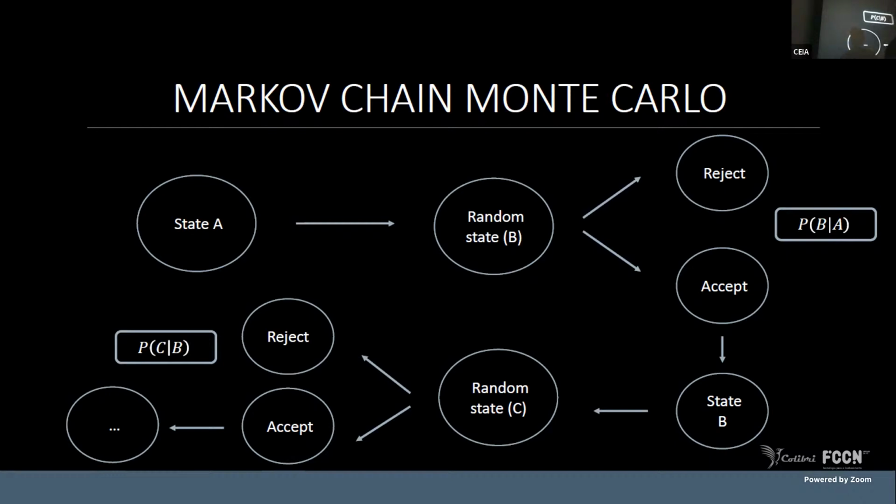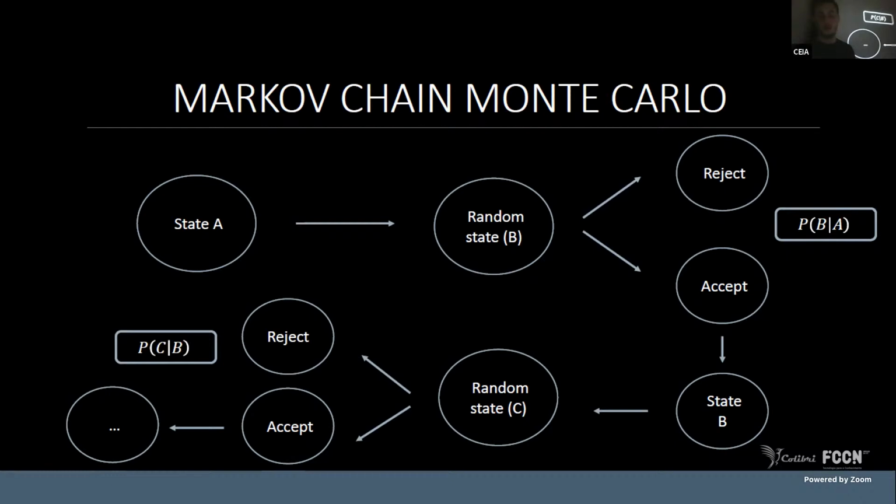So it can happen that you get a state that is not so close to the most likely value, but it will still get accepted, though not so often. Okay, so you get dense regions of states around the most likely value. Okay, so was that clear?